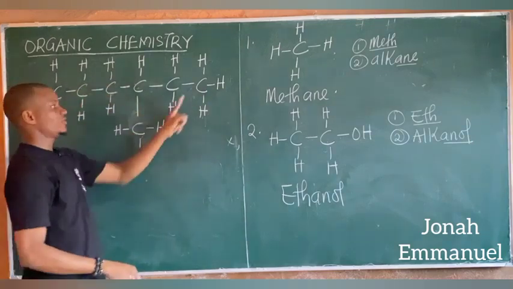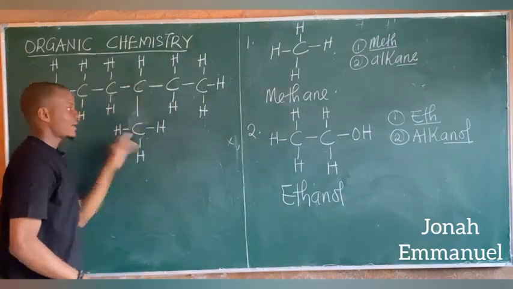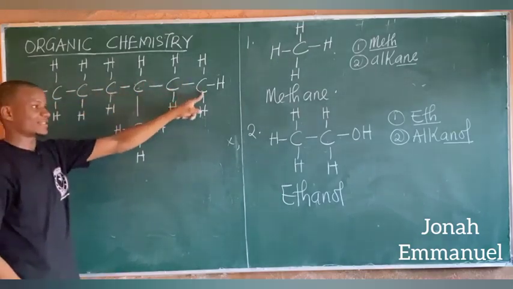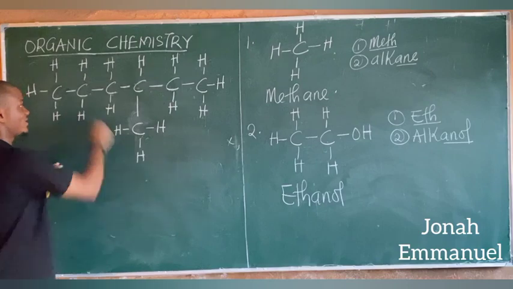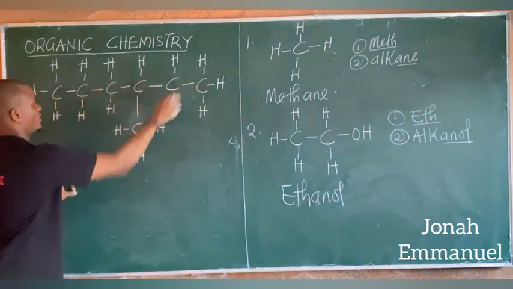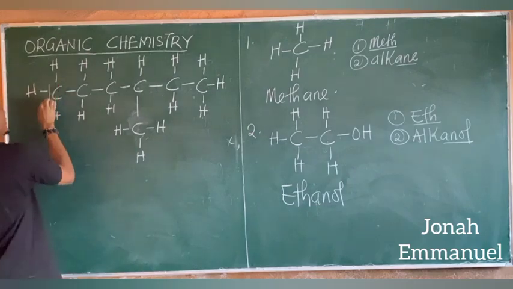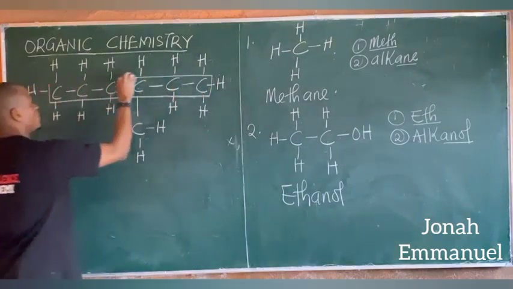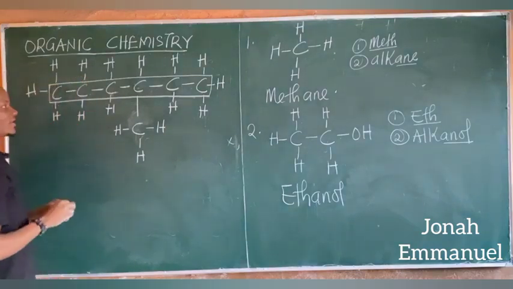Count this way, I'm having 1, 2, 3, 4. Count straight, I'm having 1, 2, 3, 4, 5, 6. Hence, my longest is between 5 or 4 or 6. Of course, I'll have 6 as the longest continuous carbon chain. I'm having 6 here.